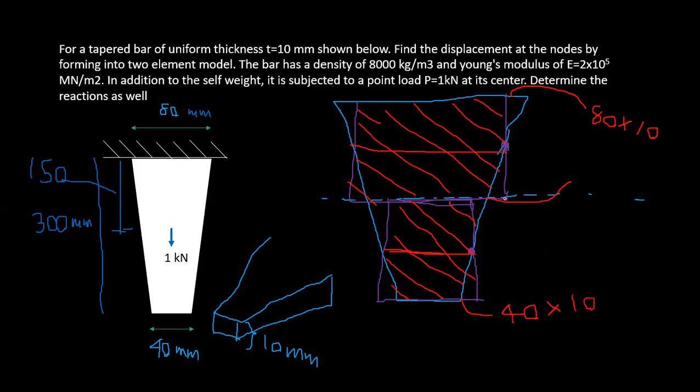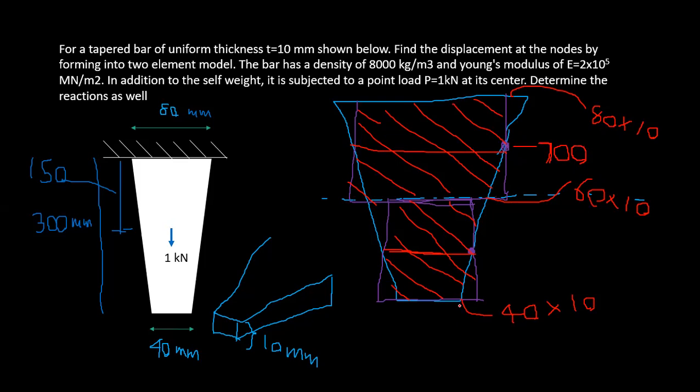So in the middle point it should be 60 into 10. The average of 80 and 60 is 70, so the area is 700. It's 800 and 600, the average area is 700.